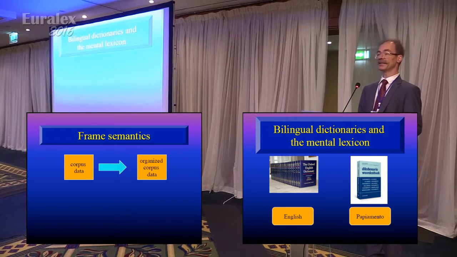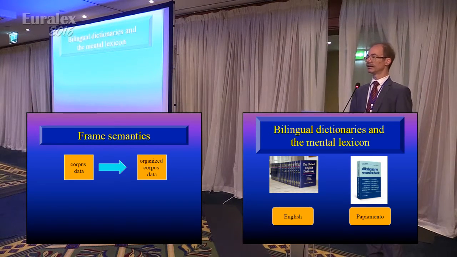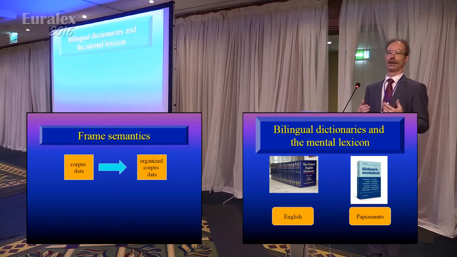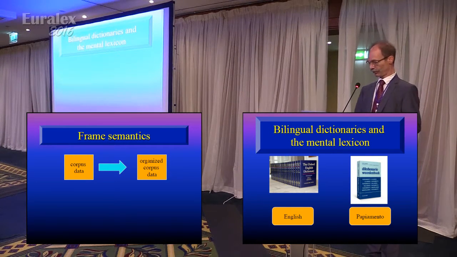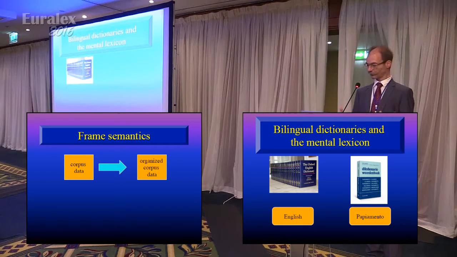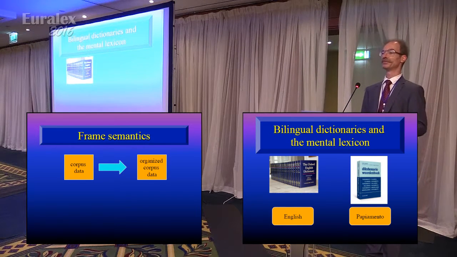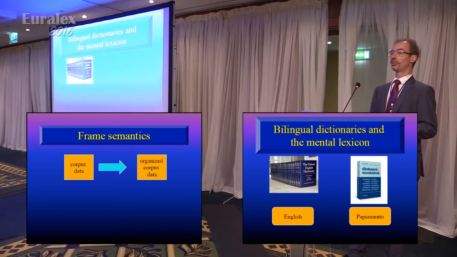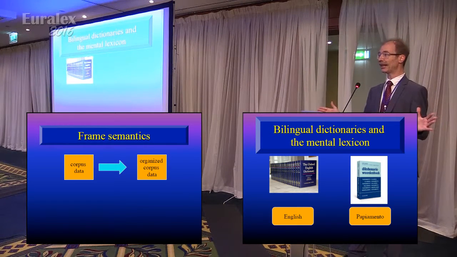The last theory, word meaning in its relation to the mental lexicon, has a rather different orientation. I've said a lot about this in various earlier congresses. In Oslo in 2012, I talked about the Oxford English Dictionary, showing that what is in the Oxford English Dictionary cannot be the English language.